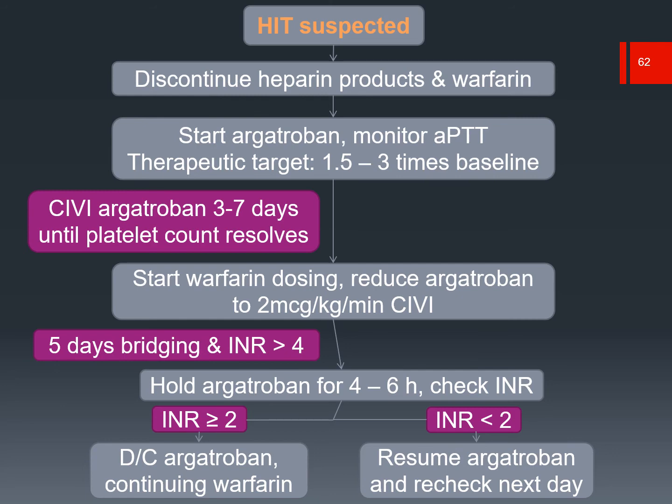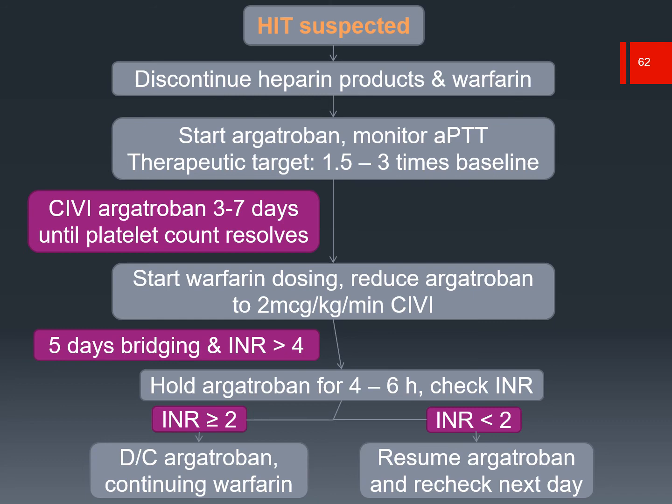So they'll probably be getting daily CBCs where we get a platelet count. Once we see that platelet count resolving, we can initiate warfarin. We don't want to keep them on argatroban forever because it's very expensive and it does require frequent monitoring. So if we can avoid that, we would like to convert them back over to warfarin, which is safe to use even in a HIT-positive patient.